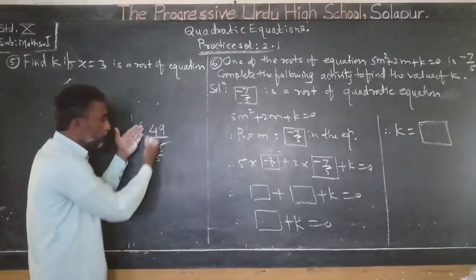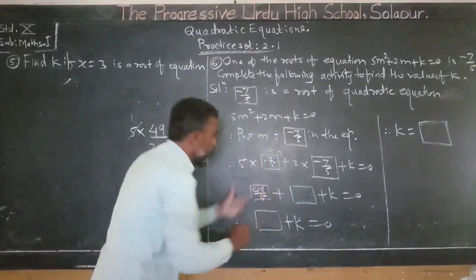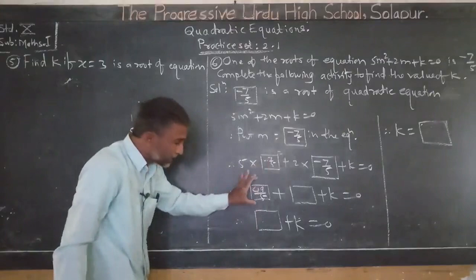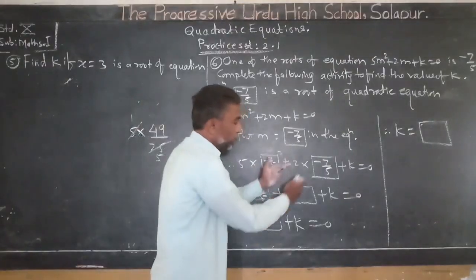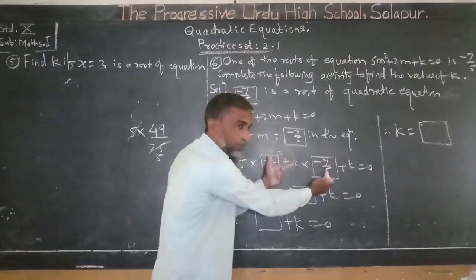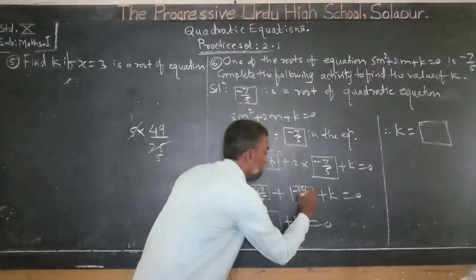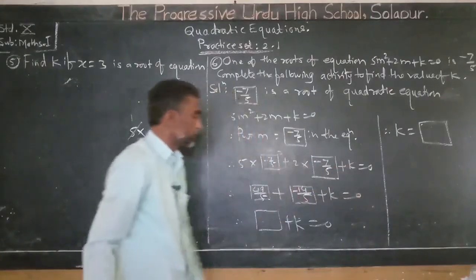You will get 49 upon 5 here. So write in this bracket 49 upon 5. Now plus as it is, 2 into minus 7 by 5. 2 7s are 14, so minus 14 upon 5, plus k as it is equal to 0.